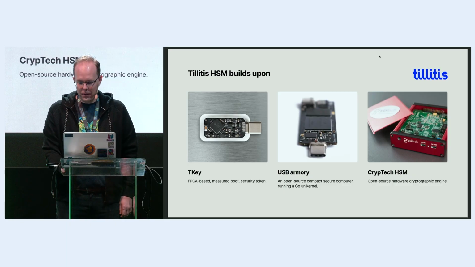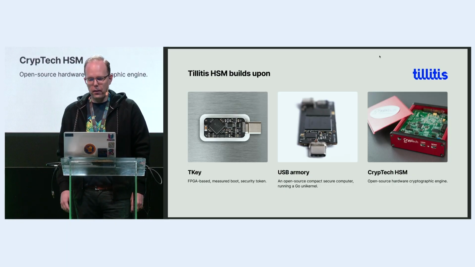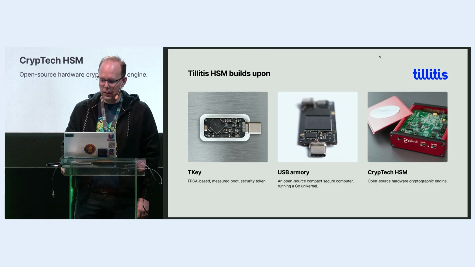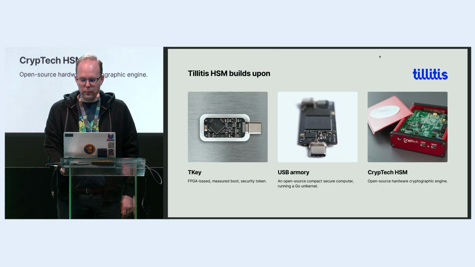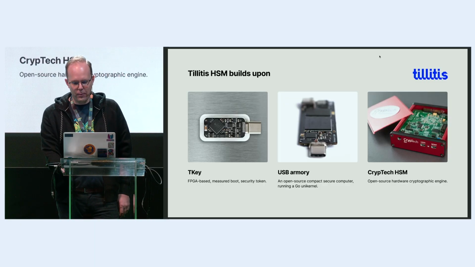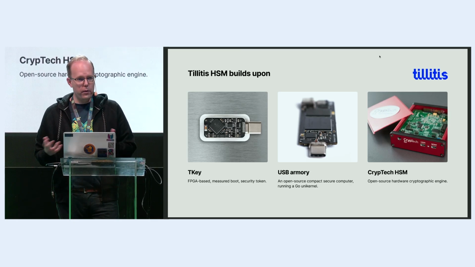And then we have the Cryptic HSM, which is a project created by, among others, Joachim Strömbergsson and Linus Norberg, who is also here, and some other people. It's a collection of primitives, open source hardware that you can use to build, for instance, an HSM.